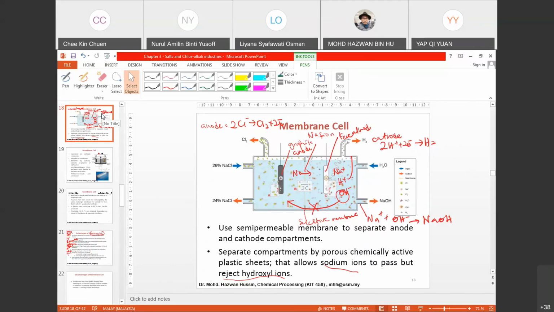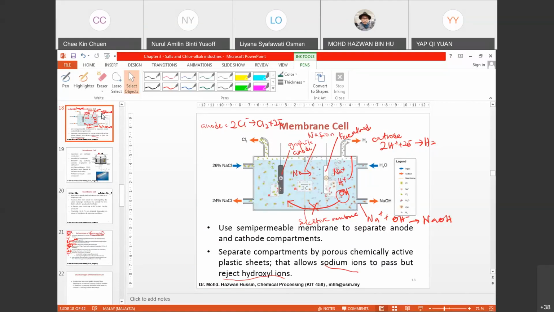No. Even though the inlet of sodium chloride pumped into the anode is around 26%, 24% of sodium chloride is expected to come out as a byproduct as well.